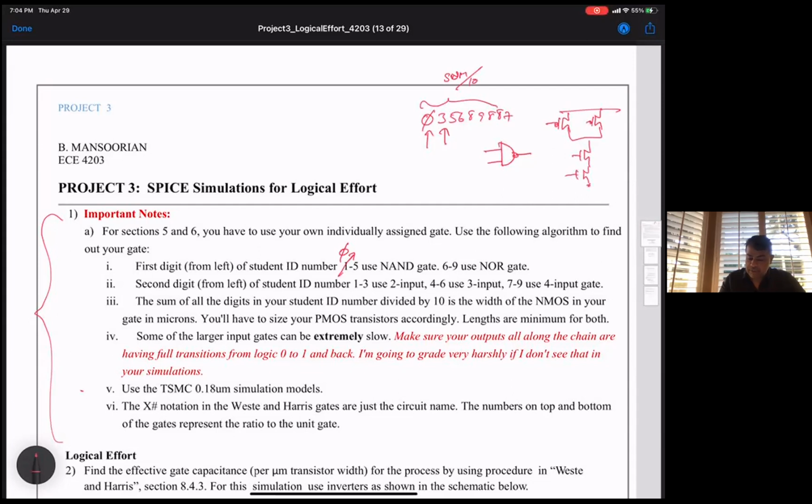I have no idea what the sum is, but say the sum is 50. Then you have to make the width of your NMOS 5 microns. So the width is 5 micron and the length is 0.18.